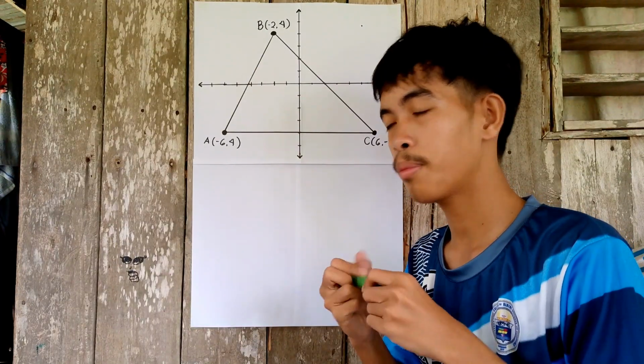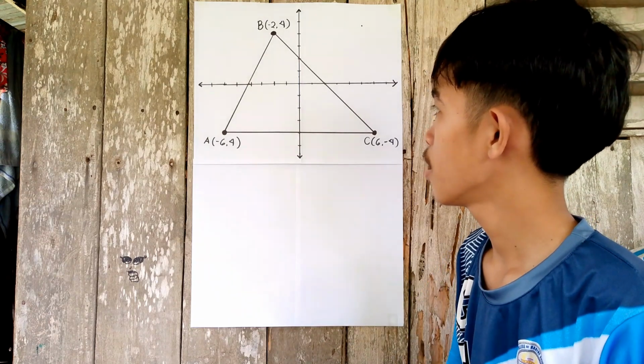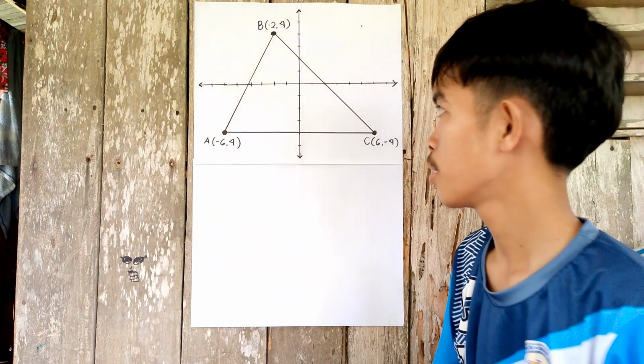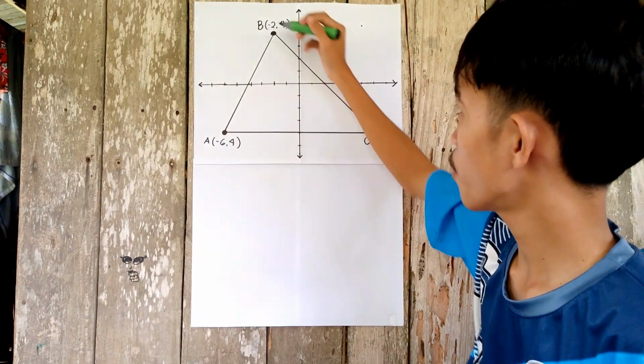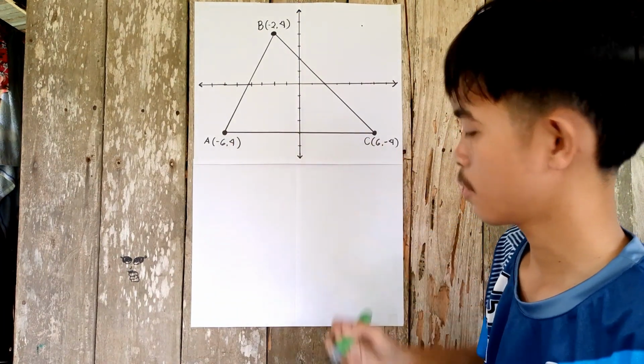Let us take some examples. From this triangle, find the midpoint from the vertex B, that is, the midpoint of AC.